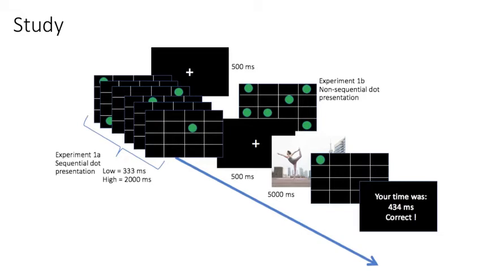In experiment 1A, they were all presented sequentially, whereas for experiment 1B, it was a non-sequential dot presentation, followed by a 500 millisecond fixation cross, 5,000 milliseconds of image viewing, and next, participants needed to respond whether that location was presented previously or not. And at the end, they received feedback based on their accuracy and reaction time.